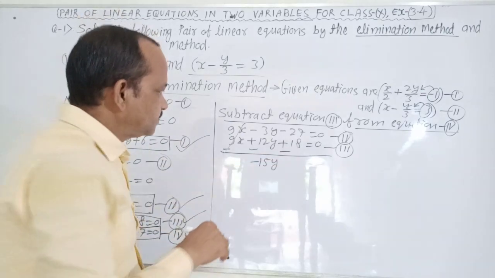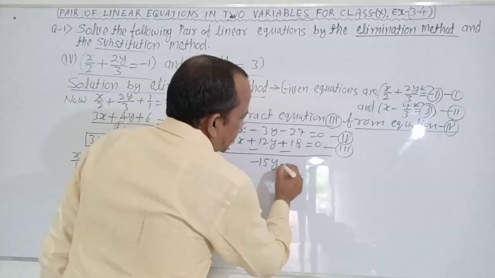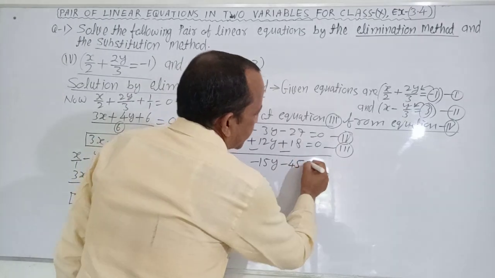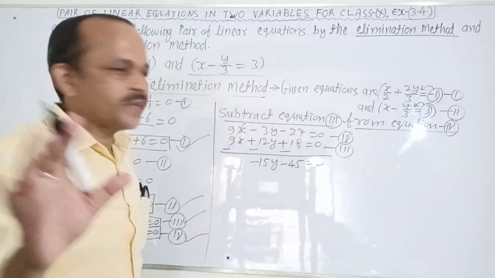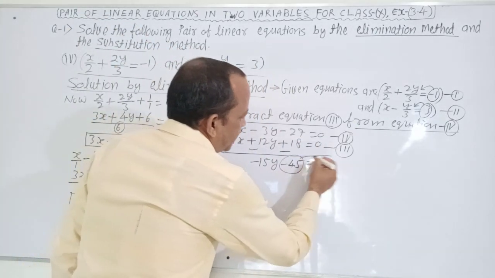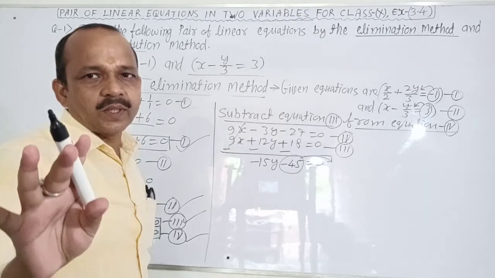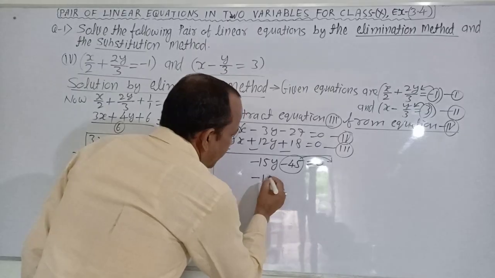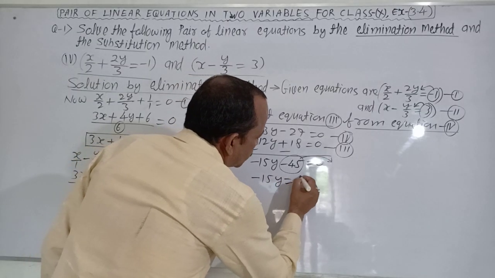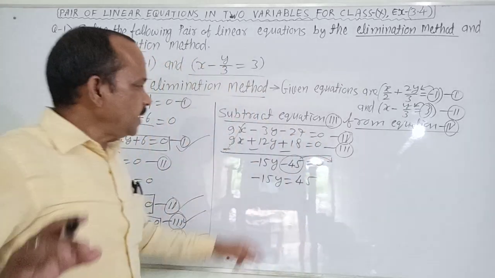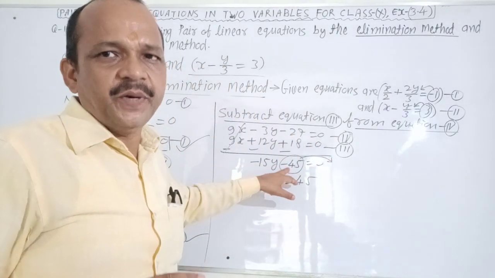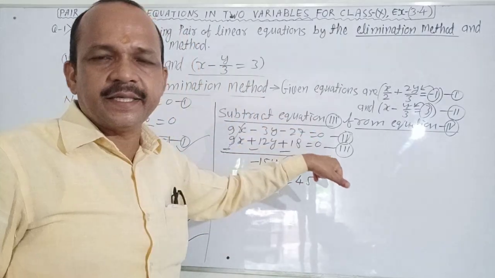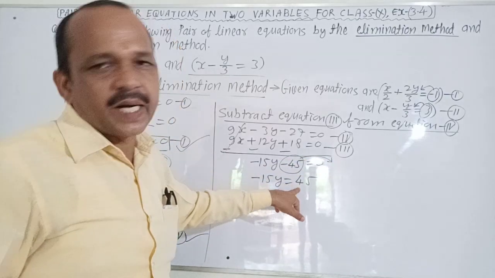It becomes minus 45 equal to 0. You write minus 45 on right side of equal. It becomes minus 15y equal to 45. Here minus 45, when you write on right side of equal, then it becomes plus 45.